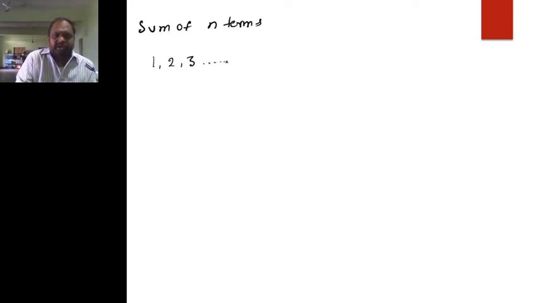Suppose 1, 2, 3. These are natural numbers. If you want to add all these three numbers, 3 plus 1, 4. 4 plus 2, 6. So, sum of n terms is equal to n into n plus 1 by 2.